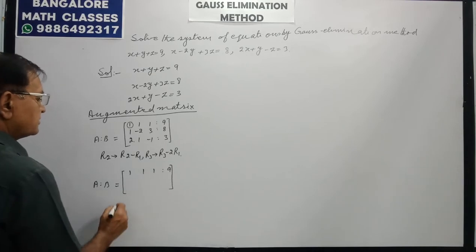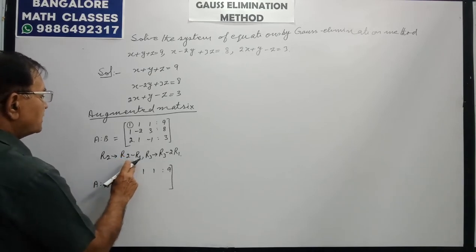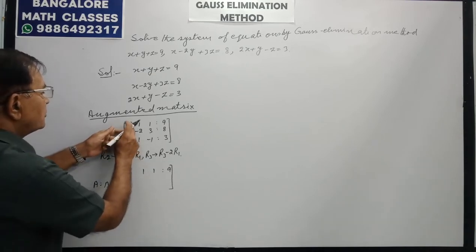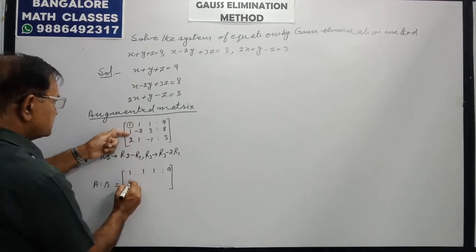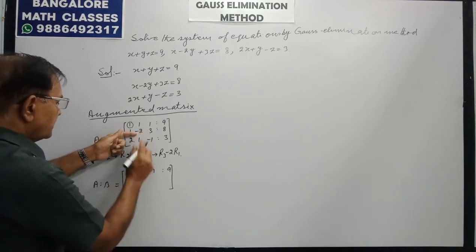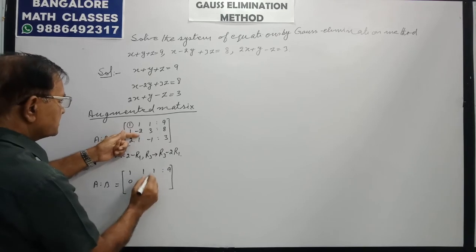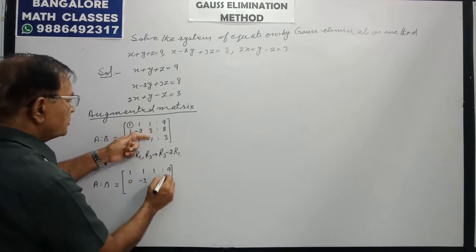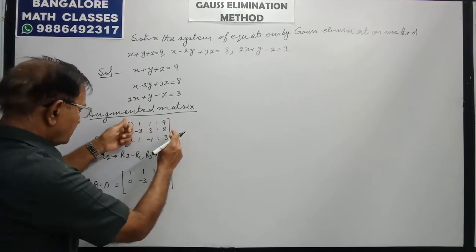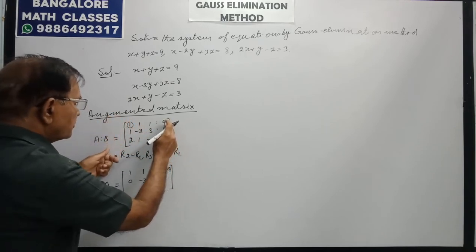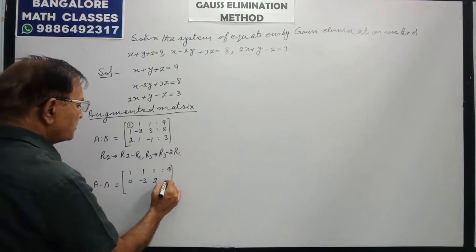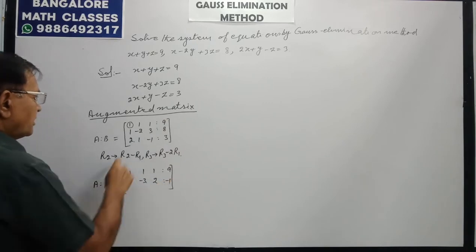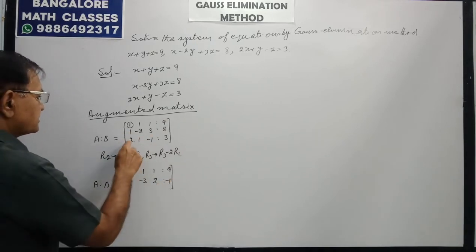Now R2 to R2 minus R1: we get 0, minus 3, 2, minus 1. All R1 entries I have subtracted.